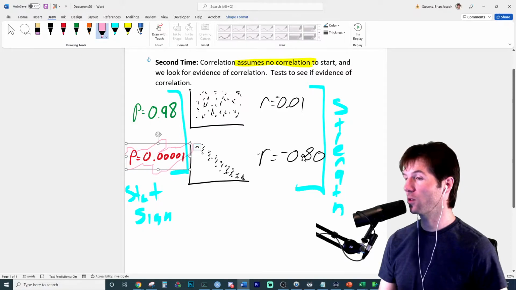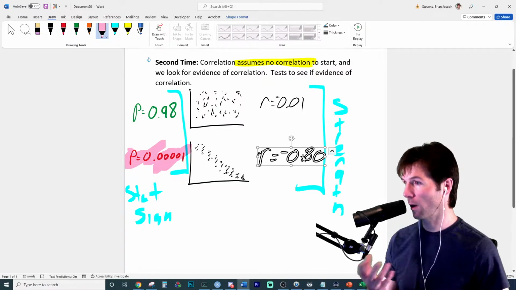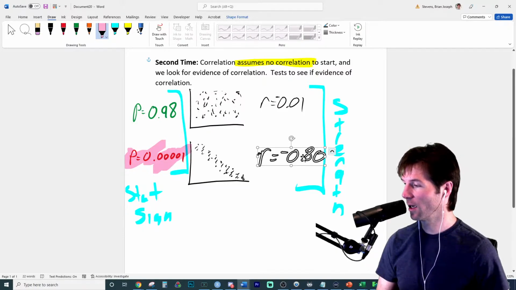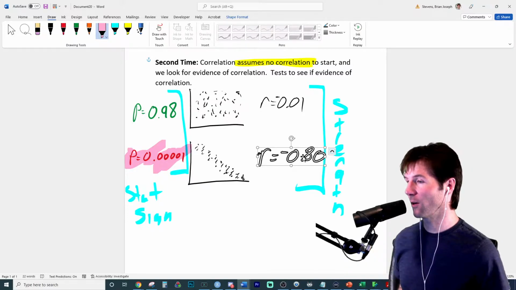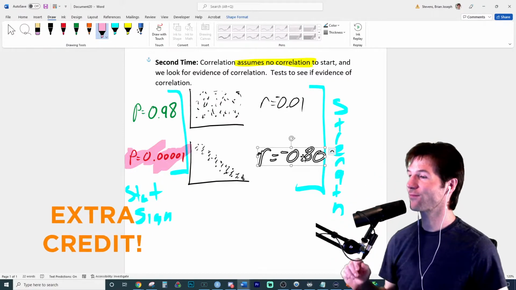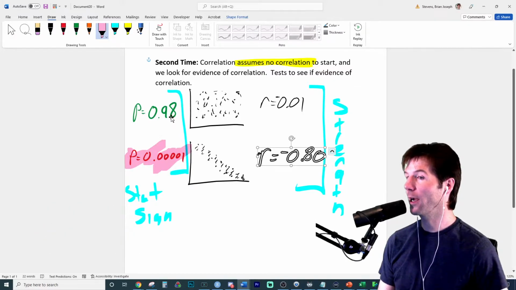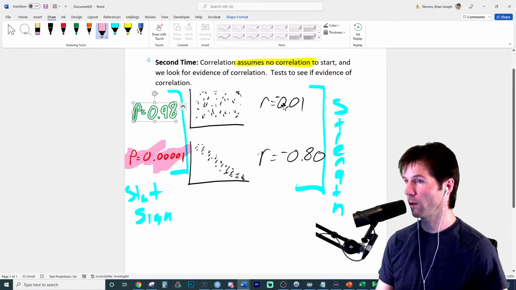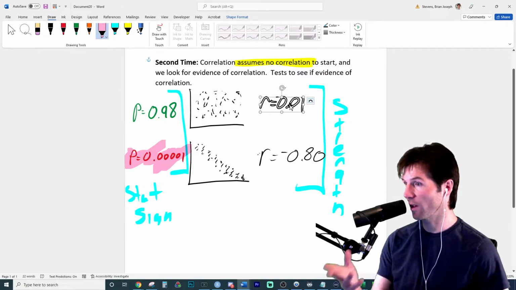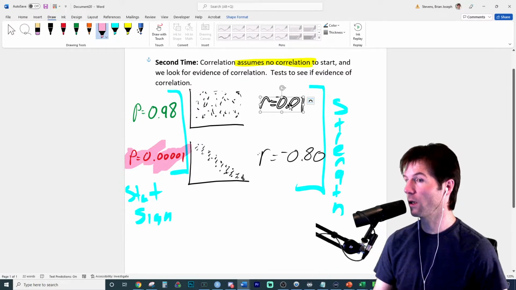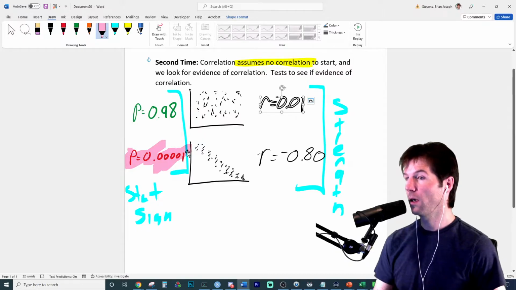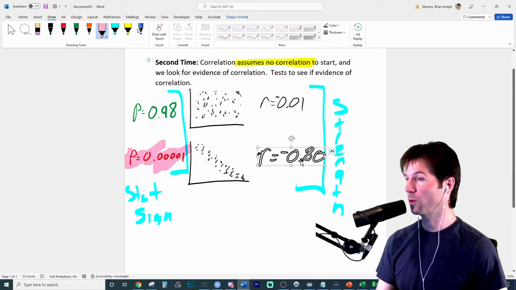Lower p-values would be associated with a higher strength of correlation. Does that make sense? And Maria, great answers in the chat. Perfect. When it comes to correlation, higher p-values would often be paired with very small values of correlation, because that's what's likely. Lower p-values would be associated with stronger correlations.